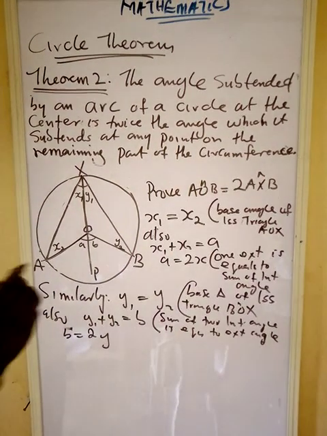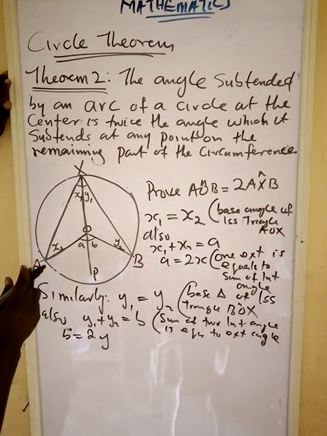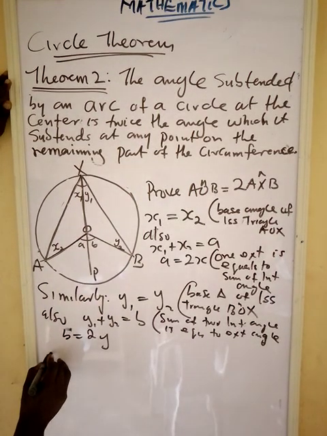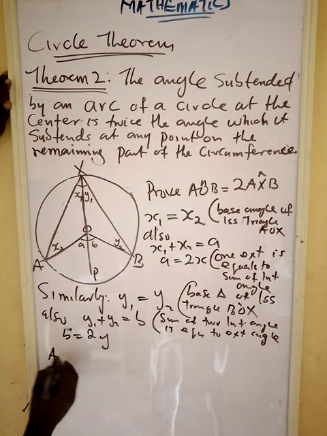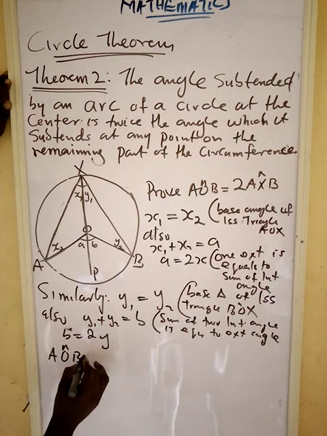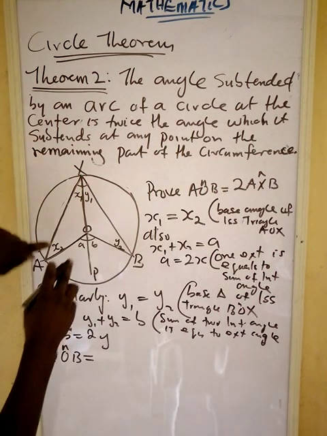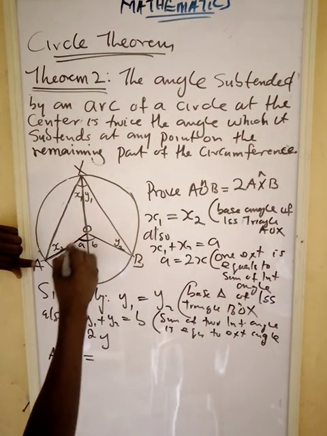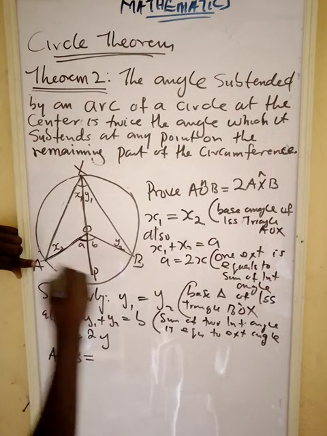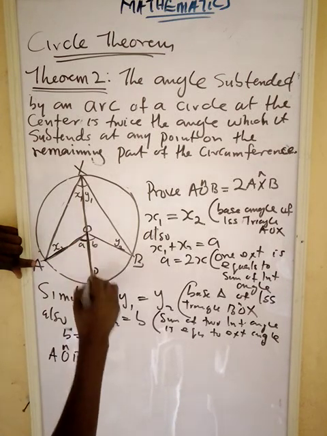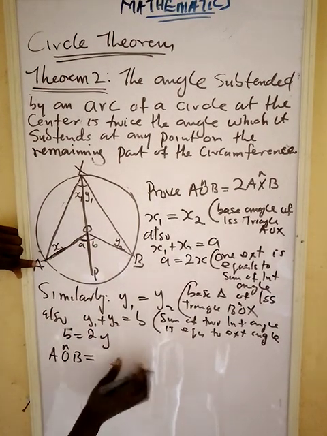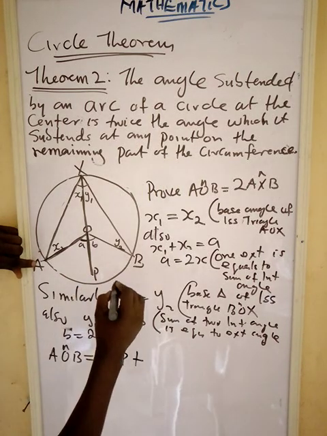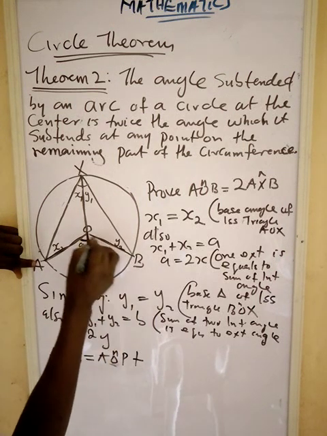Now, if you look at the triangle, we have angle AOB. That means angle AOB is equal to, look at this, angle AOP plus angle BOP.